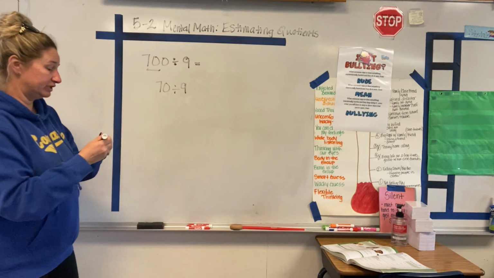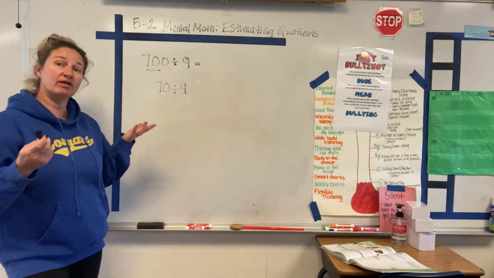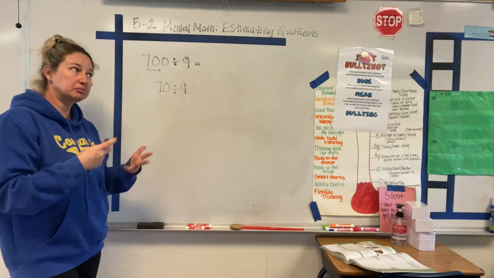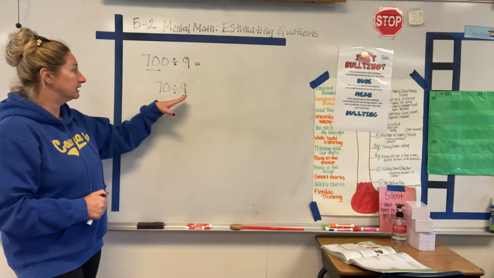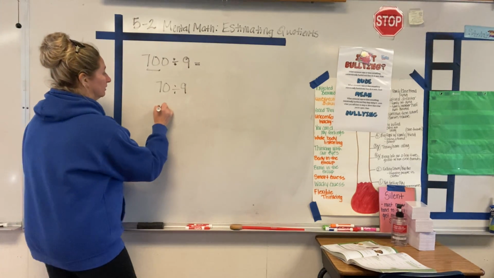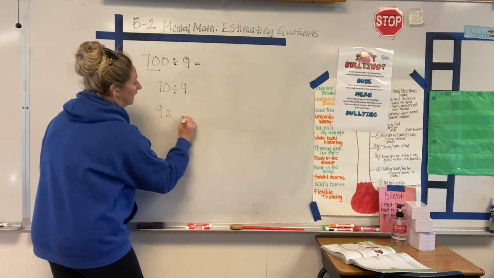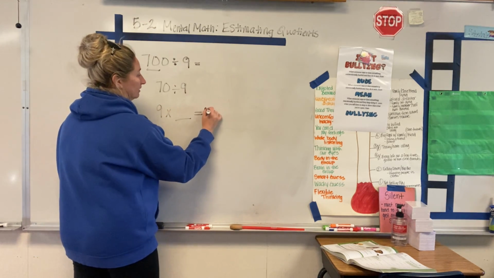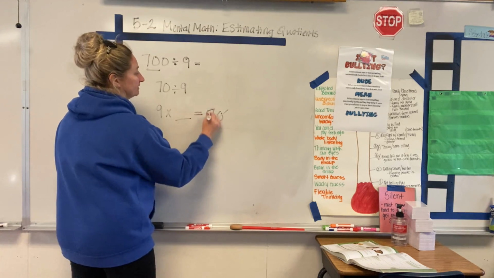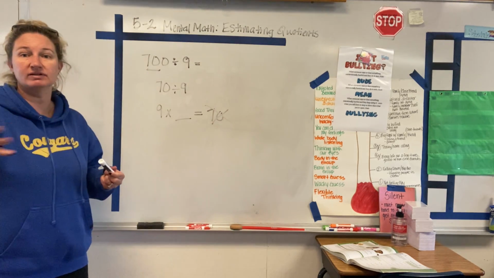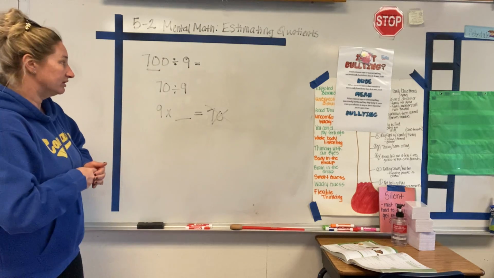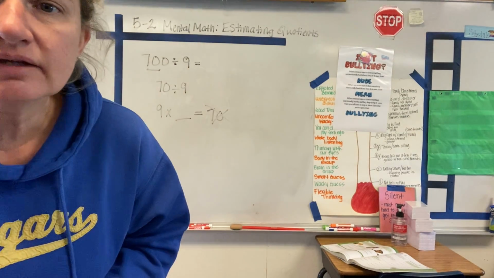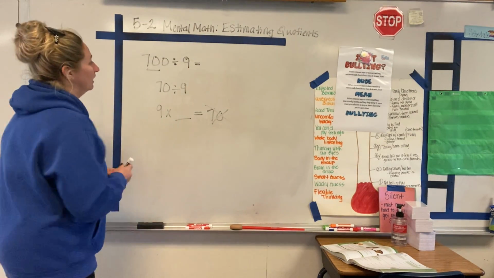Now I'm pretty sure, because I know my multiplication facts, that 9 times blank does not equal 70, not evenly.